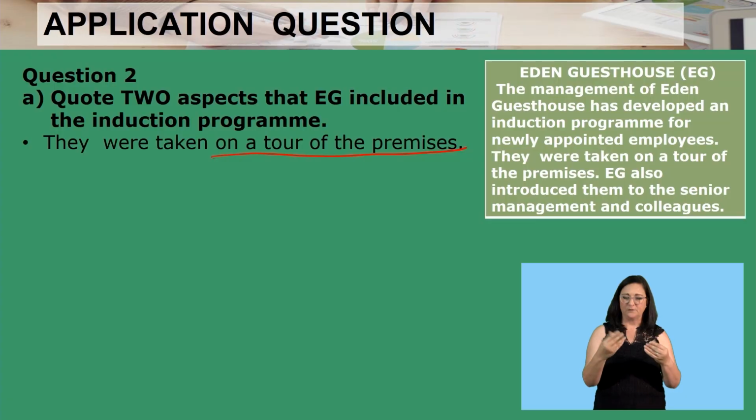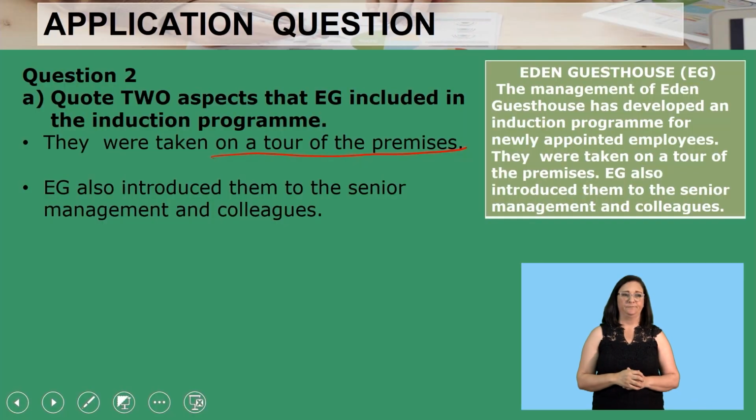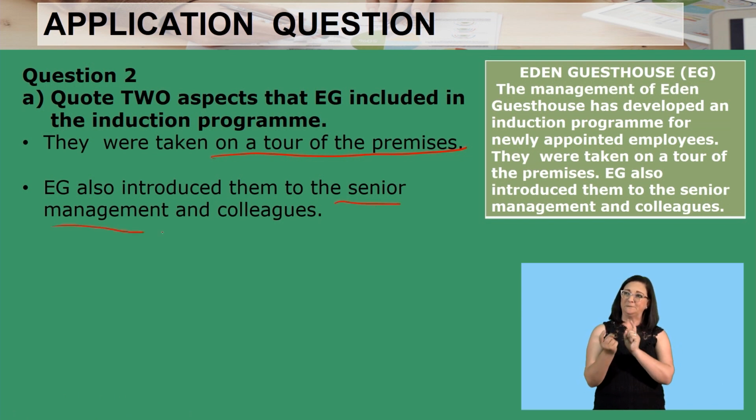You know where your office is based, the staff room if there's a staff room, the canteen if there's a canteen. EG also introduced them to the senior management and the colleagues. Basically, this is to establish a relationship with the relevant or key people. That should be included in the induction program.